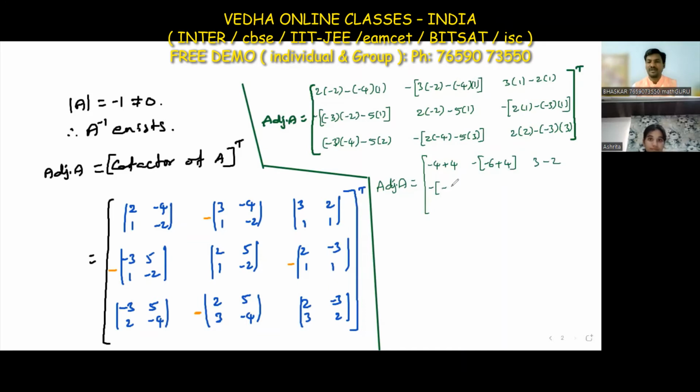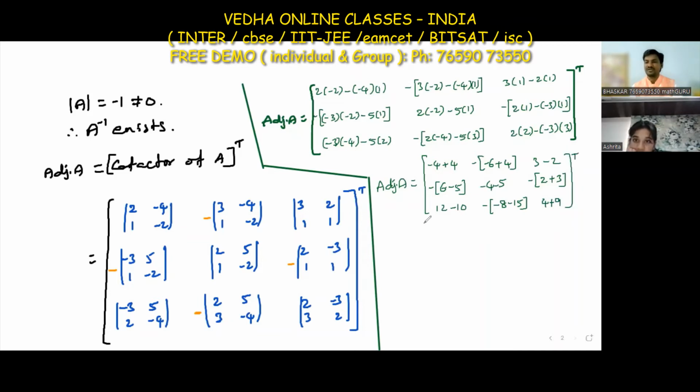Next, minus into minus plus 6, 6 minus 5. Here minus 4 minus 5. And minus of 2, minus into minus plus 3. Here minus into minus plus 3, 4 times 3 is 12 minus 10. And 2 times 4 is 8 minus 5 times 3 is 15. 2 times 2 is 4 minus plus 3 times 3 is 9.